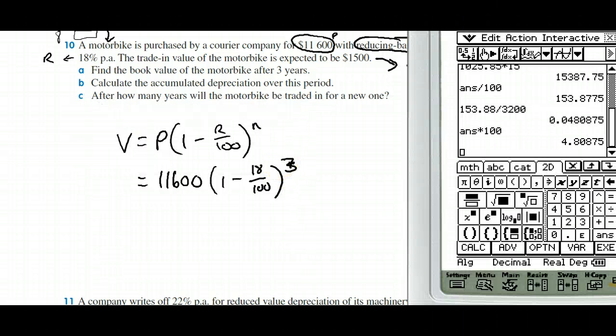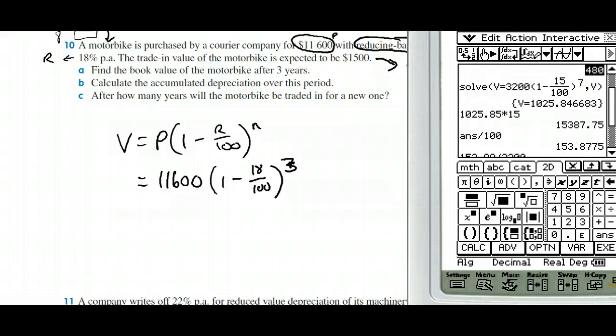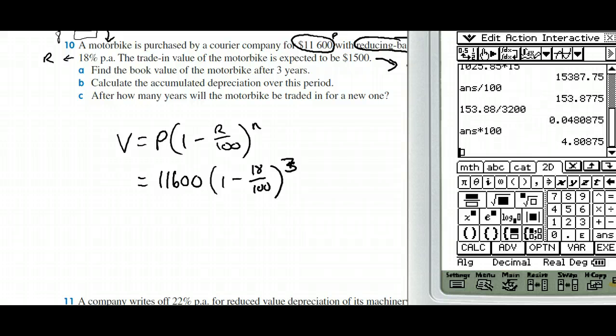We had the equation earlier on, so we can use the same equation, just change the values. So this is 11,600, and now the interest rate is 18, and the amount of time is 3.